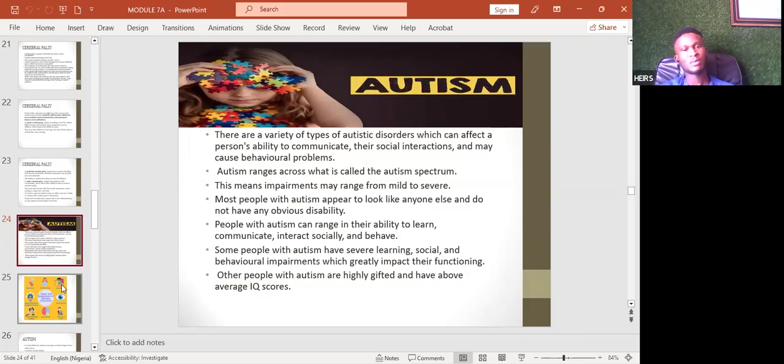Some people with autism have severe learning, social, and behavioral impairments which greatly impact their functioning, while others can be gifted. Not all children who have autism have good IQs. Some have good IQs, some are highly gifted, while some have severe learning and social behavioral impairment.